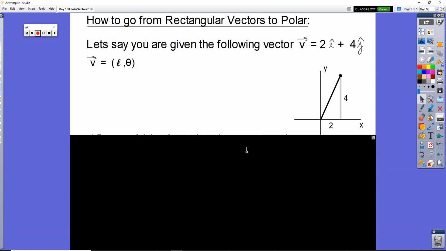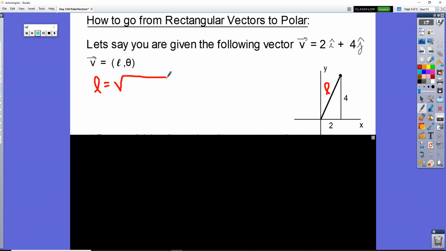So again, I'm going to start by mapping this out. I'm going to draw a picture. So we're going 2 units to the right, and we're going 4 units up. So they're giving us those directions in terms of rectangular coordinates. So the first thing I have to try to do here is find my total length. And that's the hypotenuse side of this right triangle. The total length is going to be found just by using the Pythagorean theorem.